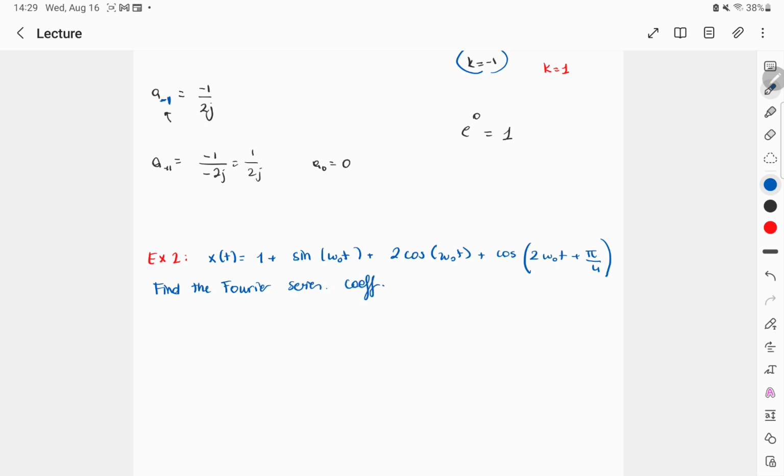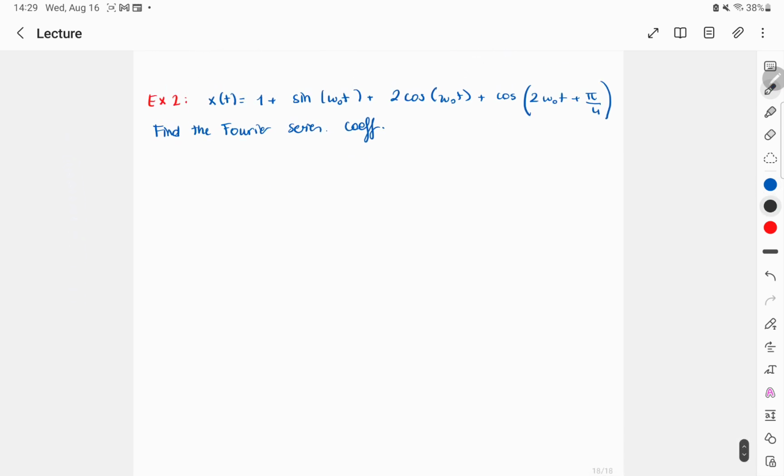This one we will again apply the previous method that we have used in the previous example. So in order to have a 1, we need to have e to the power of 0, so we will basically do e to the power of 0, plus, in order to have the sine value, we need to make e to the power of minus omega t.